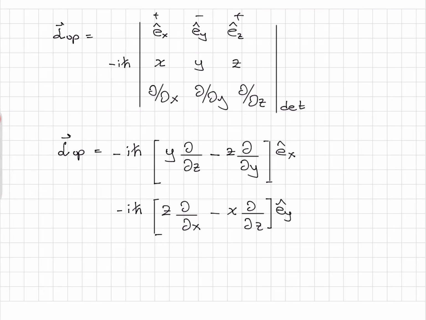So I've already applied the minus sign. Normally this would be x del/del z minus z del/del x, but because of the minus sign, it's z del/del x minus x del/del z.